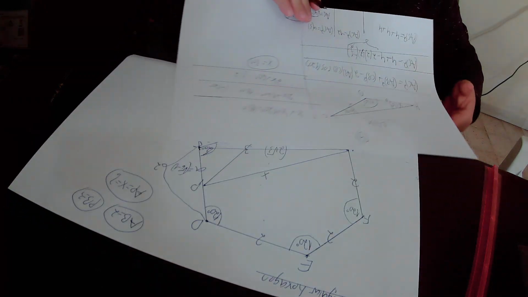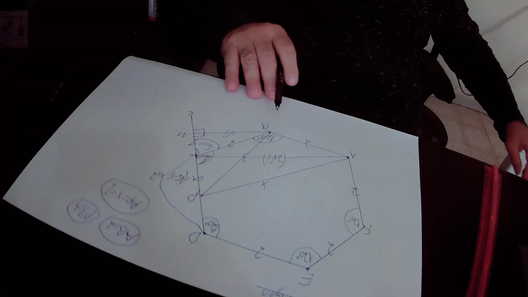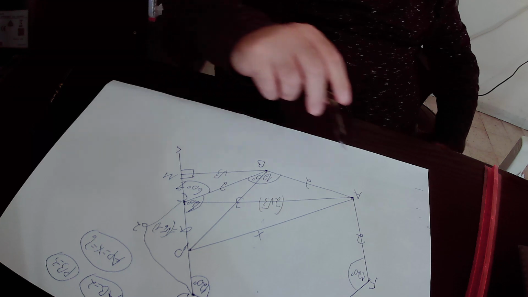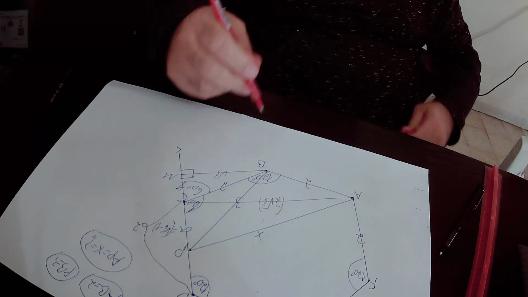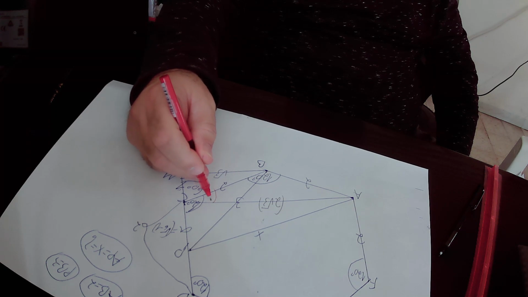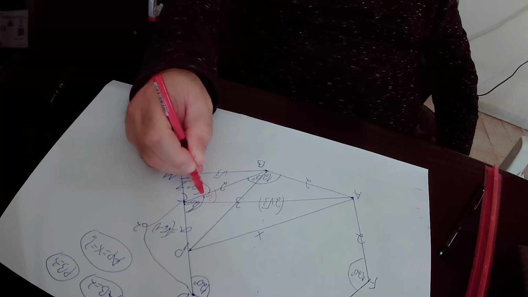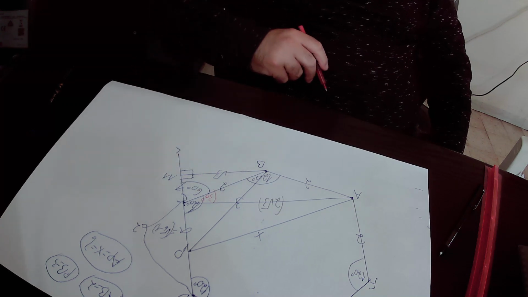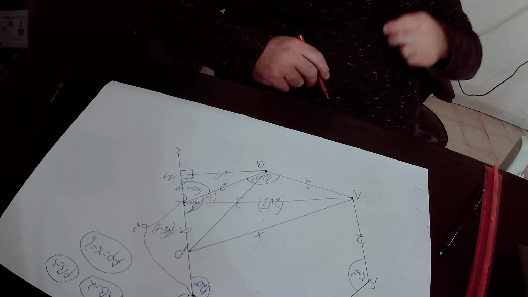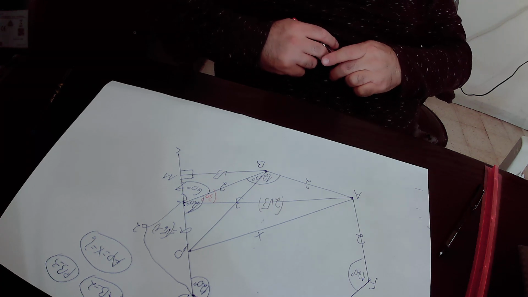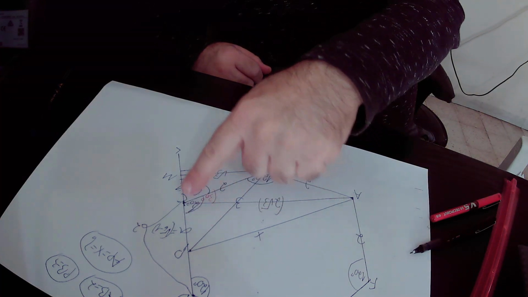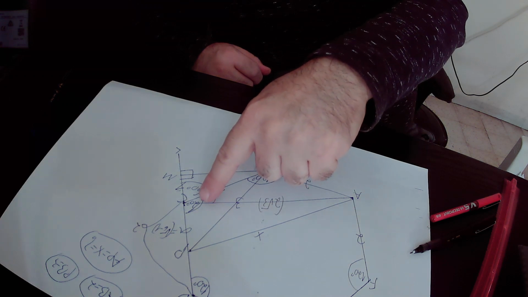So we can write down in the original drawing that this angle ACB equals 30 degrees. We have the big angle PCB equals 120 degrees.